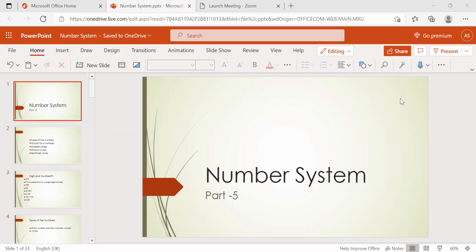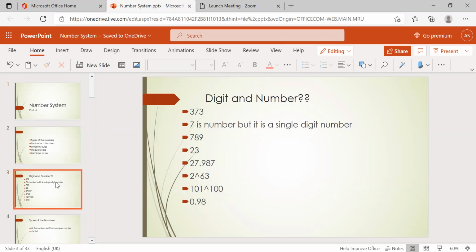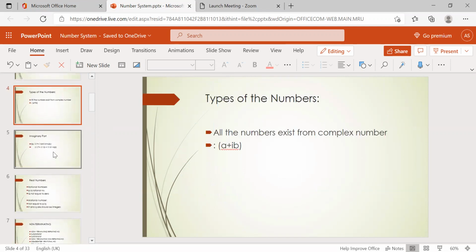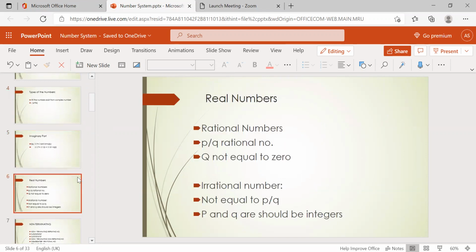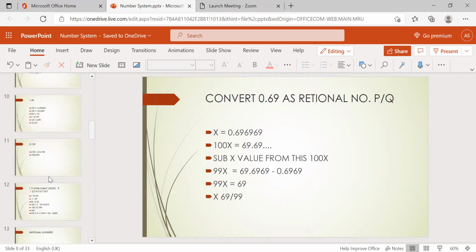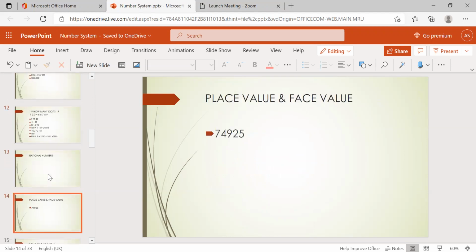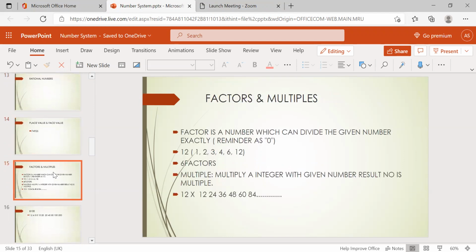We already discussed the basics of the number systems. That's just a small recap. The types of numbers, factors of numbers, what is a digit and its type, complex numbers and imaginary numbers, real numbers, non-terminating numbers and converting them, how many digits in a number, place value, face value, and factors and multiples also we discussed. A factor is a number that divides exactly, and a multiple is the result when you multiply a number with another number.